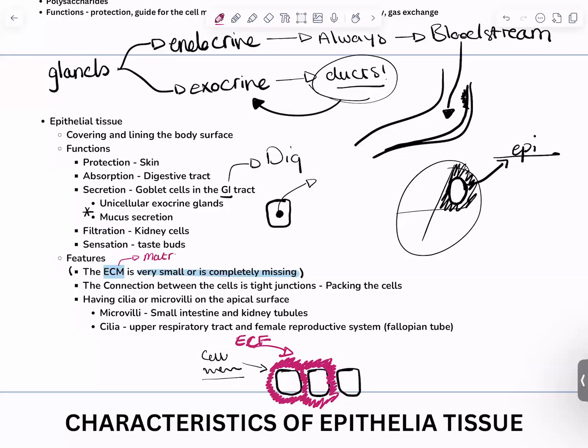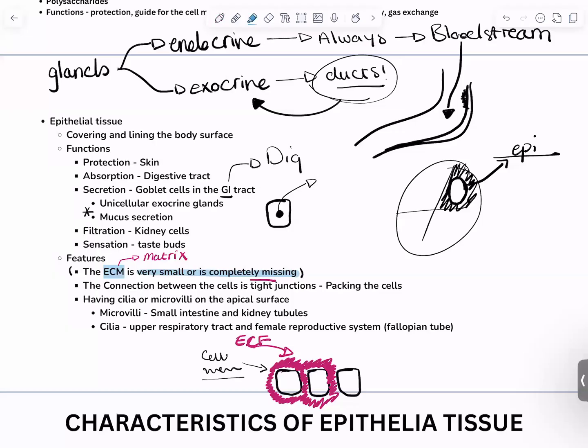Both of them are correct. This extracellular fluid is missing in the epithelial tissue. We will discuss why, because it brings one of the main functions of the epithelial tissue. So at this moment, we know that there is no extracellular matrix.